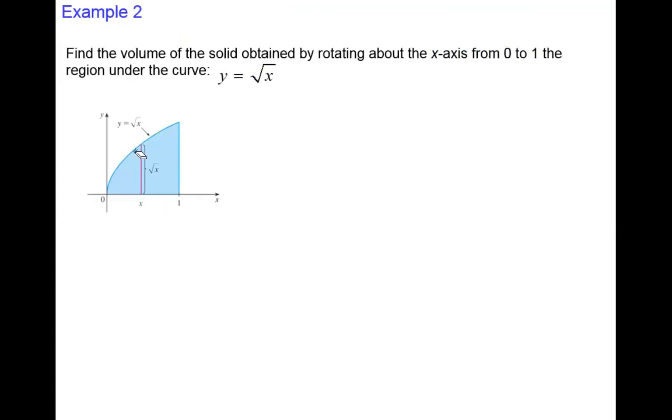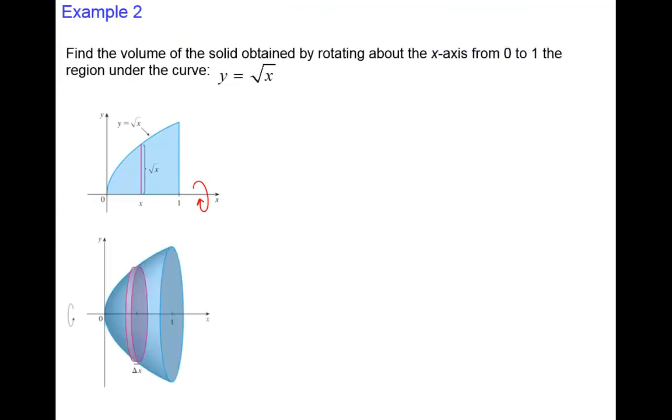Looking at this, you have to imagine that I'm taking this blue part and rotating it with respect to x, swiping around the x. That means I will create something like this. Can you see? Nicely, I know it's nice. It's kind of like a coffee cup, maybe, lying on its side.